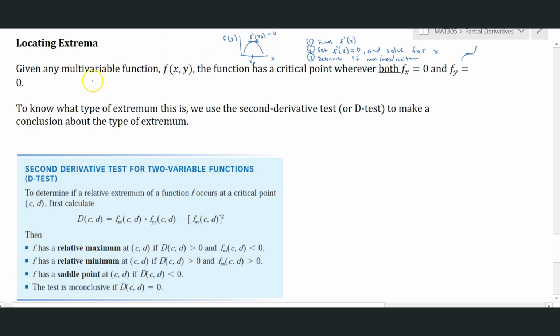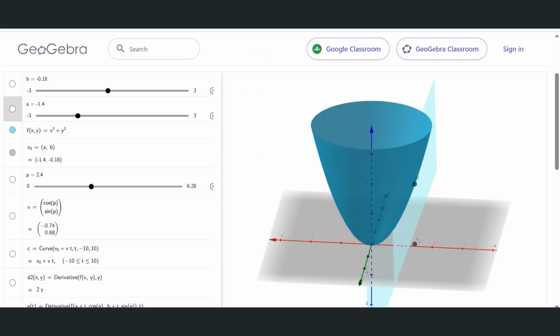Okay, so in the multivariable realm, we have a critical point wherever both f sub x, the partial with respect to x, is equal to 0, and the partial with respect to y is equal to 0. Now I want to demonstrate this with a little app, so just focus on what's over here on the right-hand side.